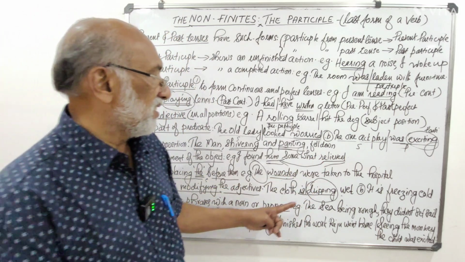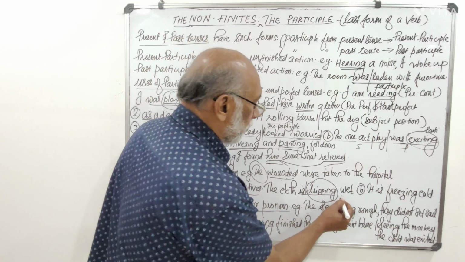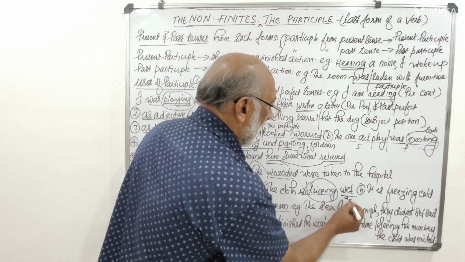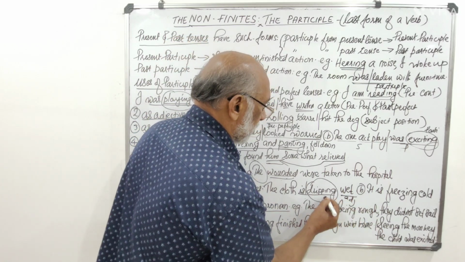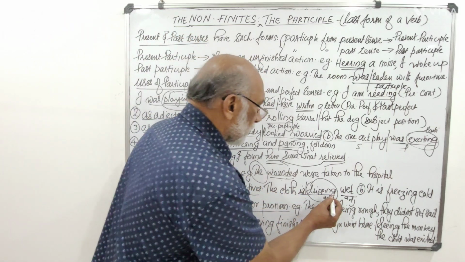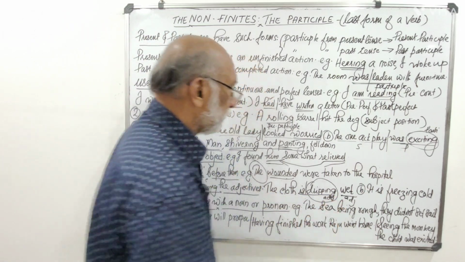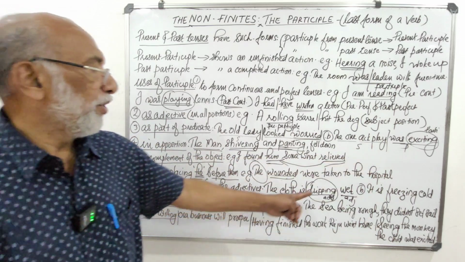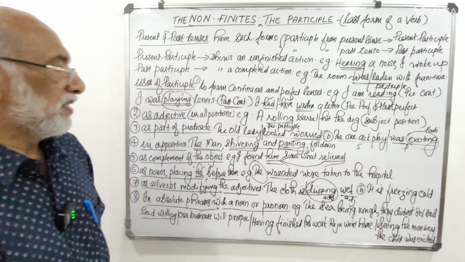The cloth is dripping wet and it modifies the adjective wet. It functions like an adverb and it is here used as a modifier to the adjective wet.